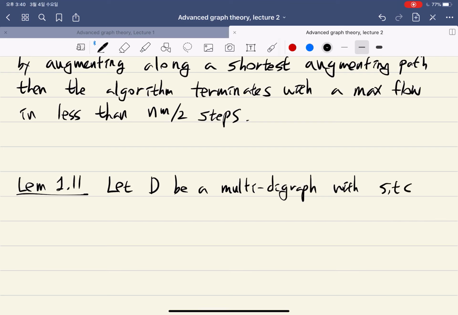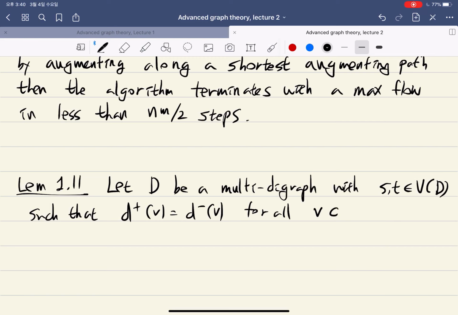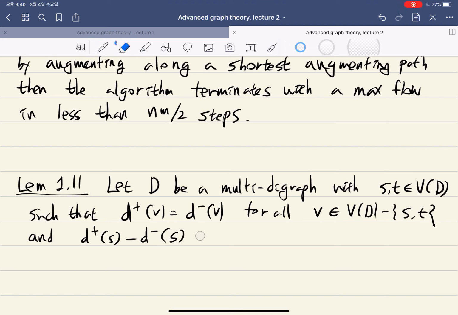And let's say S and T are vertices in this digraph such that the out degree and in degree are the same for all vertices except S and T. And moreover, for the vertex S, the out degree is bigger than the in degree by k.